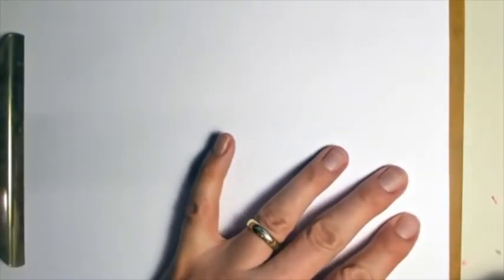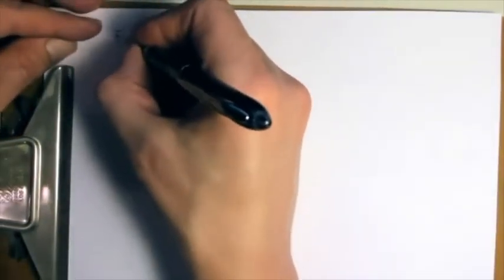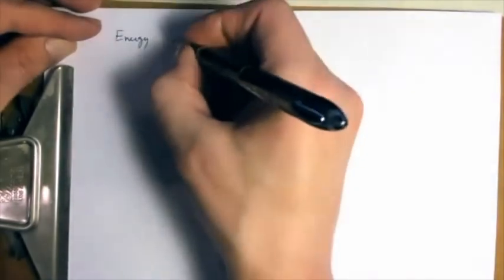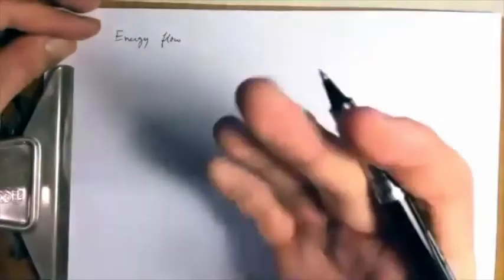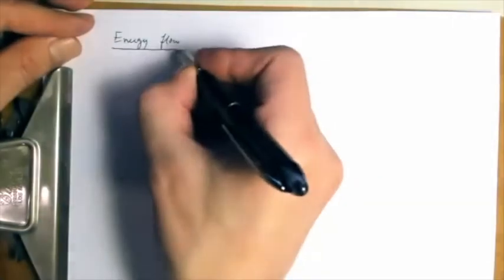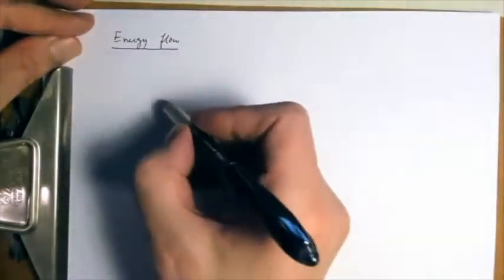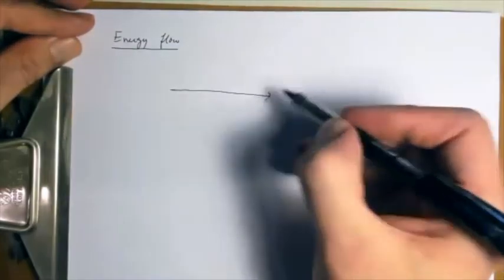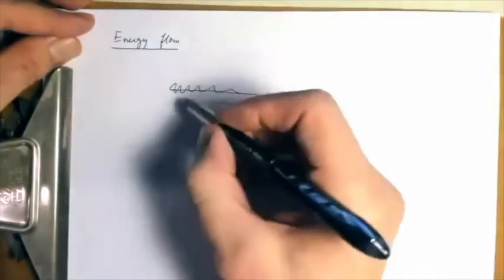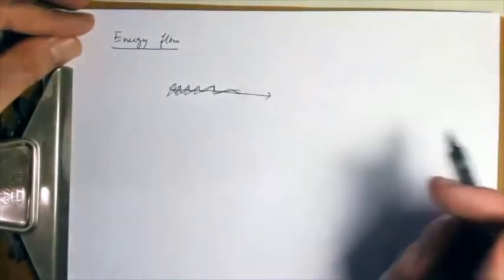Finally, let's talk about what happens when that energy flows. So let's say we have the energy flowing in that wave. We have some kind of a wave traveling in this direction. You know, there's a sine wave and there's a sine wave, E field and B field.